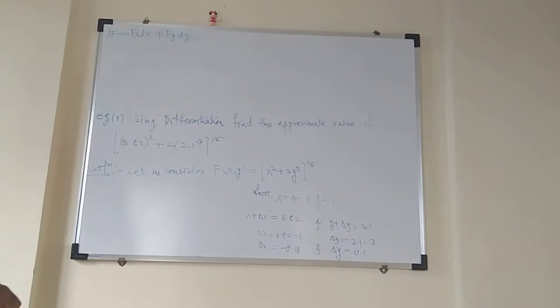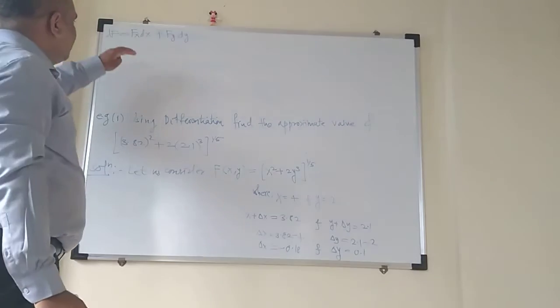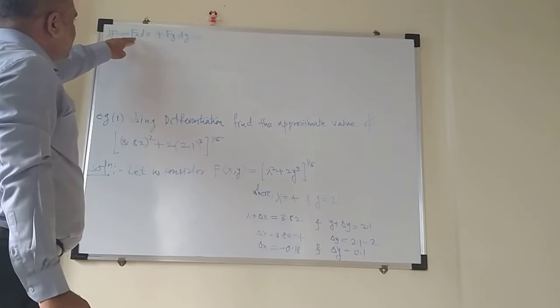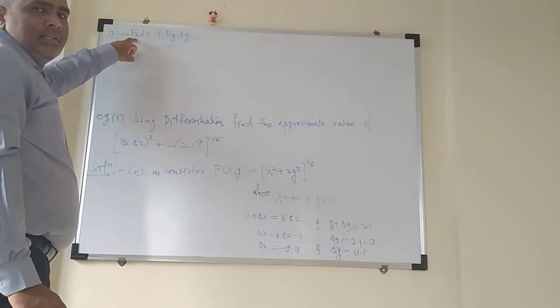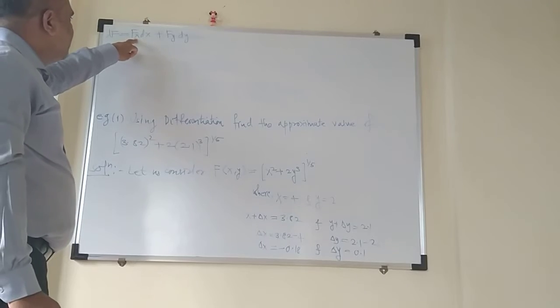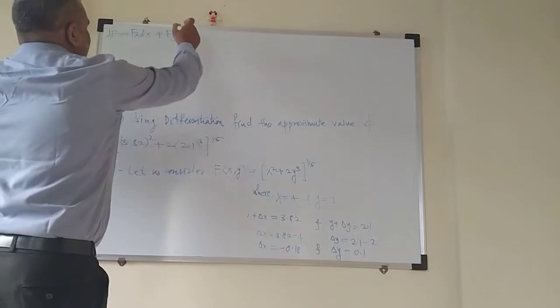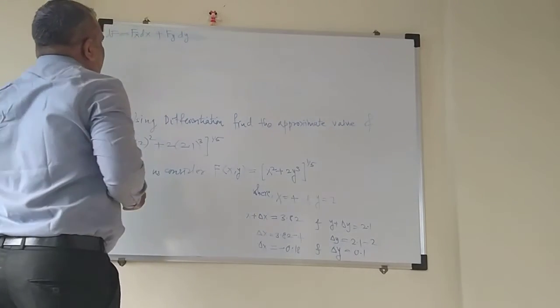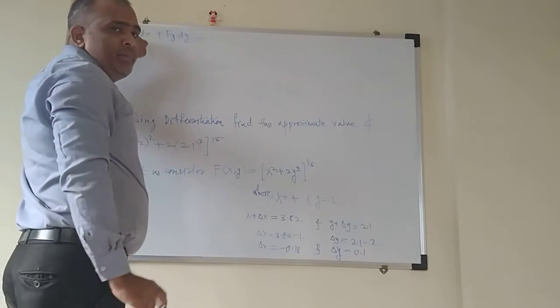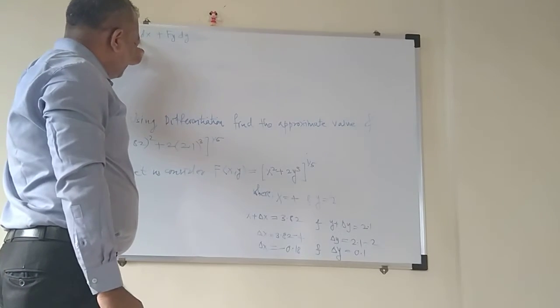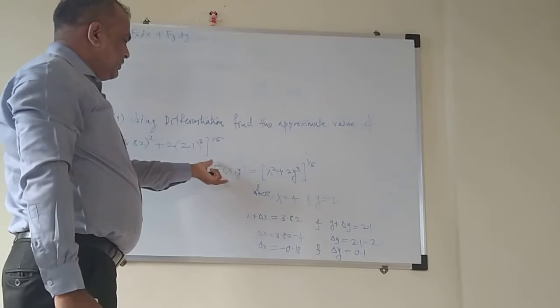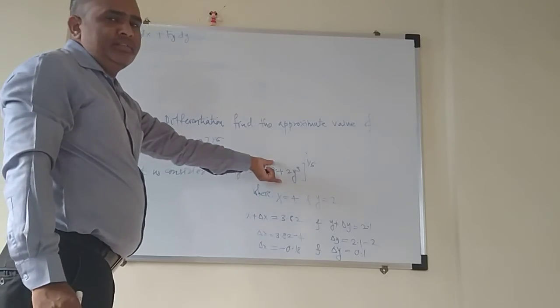In order to calculate the total differentiation of the given function df, you must first calculate the partial differentiation of the given function with respect to x. So let us calculate here only. So fx, that means partial differentiation of f with respect to x, and your function is this. So let's calculate its partial differentiation.